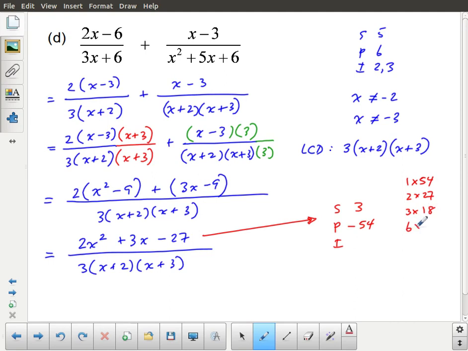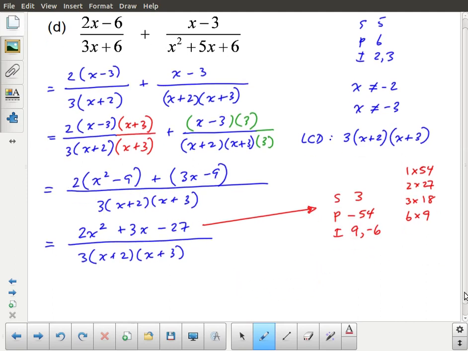We have 6 going in there as well. 6 times 9, of course, 54. 6 times 9 has our difference of 3. And so that looks like what we want here. And because we want the sum to be positive 3, our numbers are going to be 9 and -6. So those are going to be the two factors.